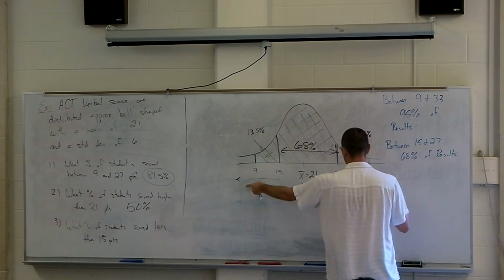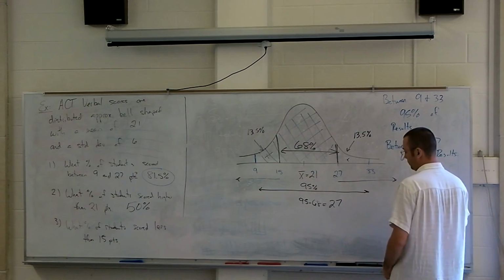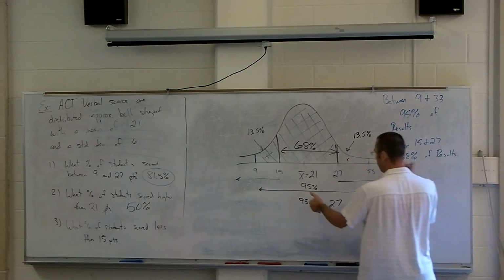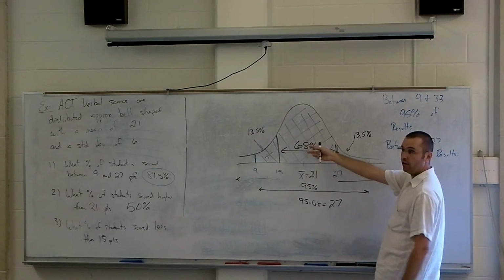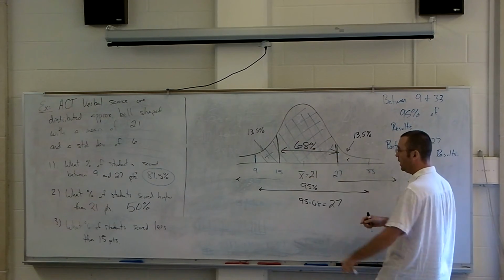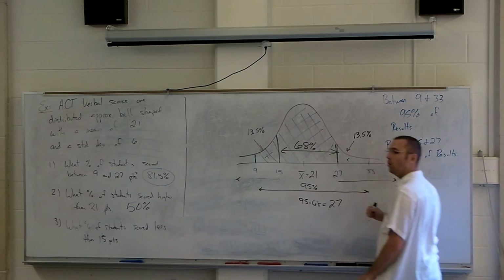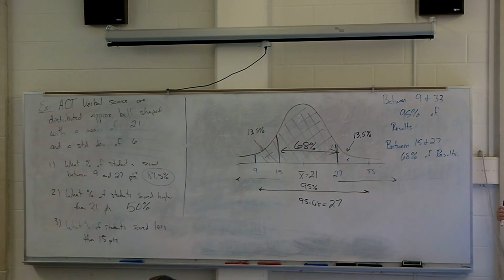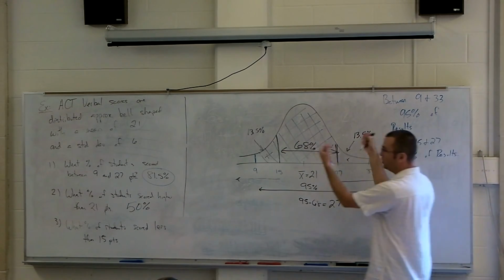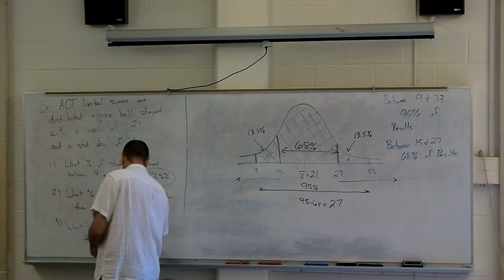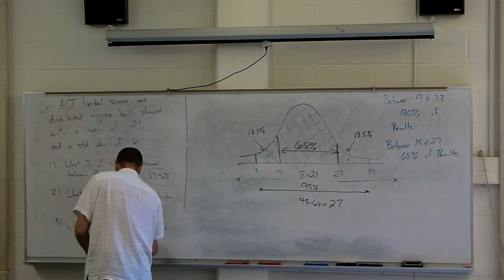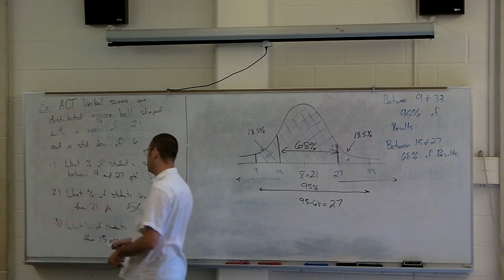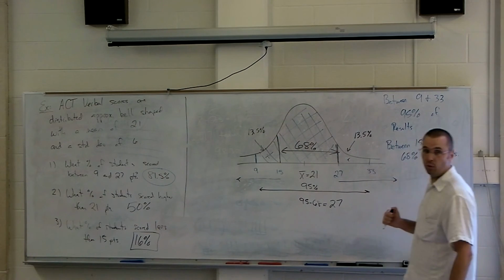How much is below? How much is above? Total amount below and total amount above have to add to 32. I only want to know how much is below. It's half of the total amount on the outside. So in this case, 16% of students scored less than 15 points.